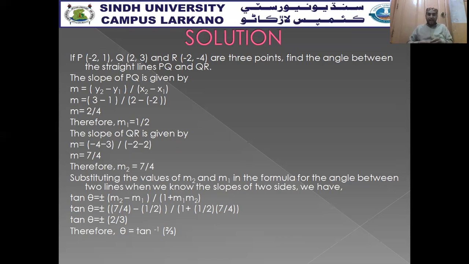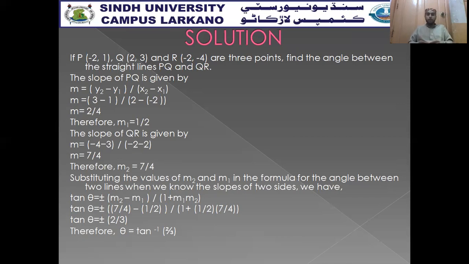We get m is equal to (3 minus 1) over (2 minus (minus 2)), what we get is 2 over 4. Therefore m₁ is equal to 1 over 2.